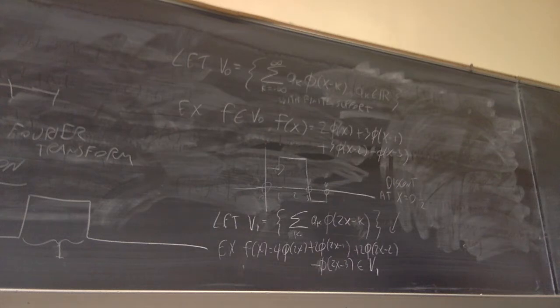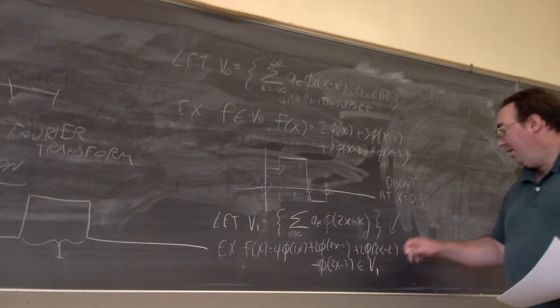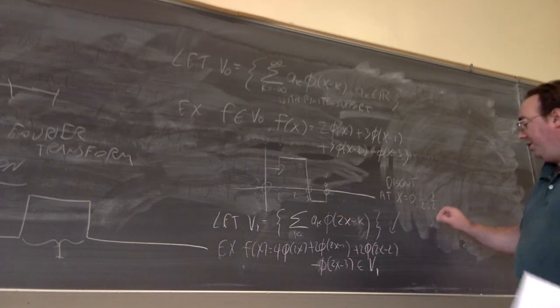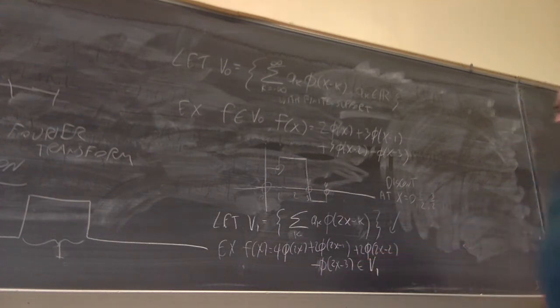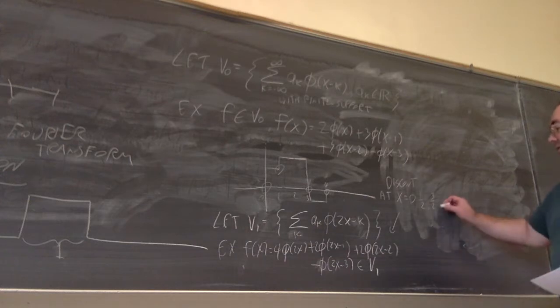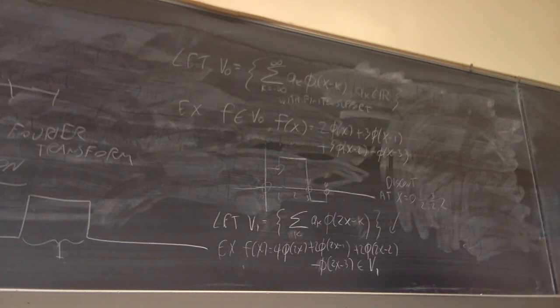So there's a discontinuity at 3/2 when this piece takes effect, up until where 2x minus 3 is equal to 1. You solve that, and you get x equal 2. So that's the last place where there was a discontinuity. Then it'll go down to 0 and stay there.